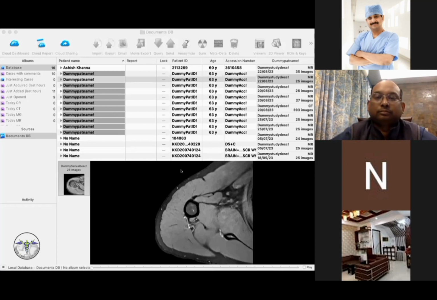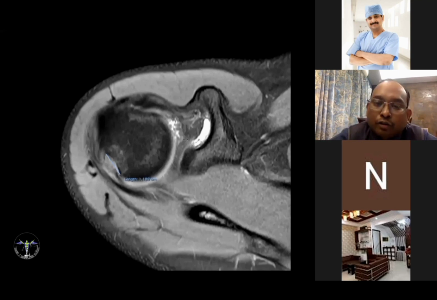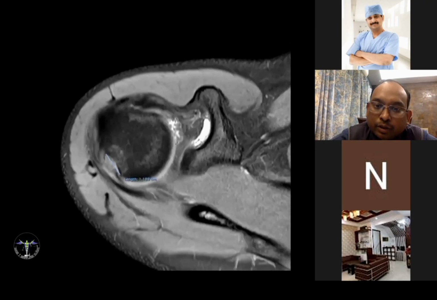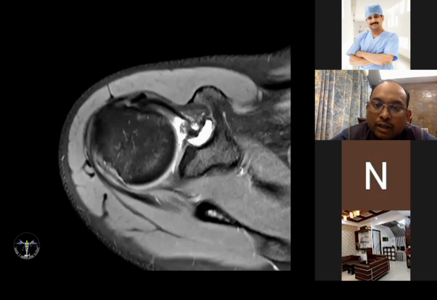What about the Buford lesion when there's a hyperplastic MGHL? Yeah. So in that Buford complex, there will be a defect, generally in the anterior-superior part. Along with that, what we see is a thickening of the MGHL, which will be seen as a dot-like structure and a thickened band-like structure anterior to the labrum.